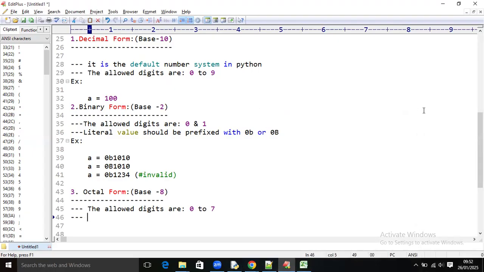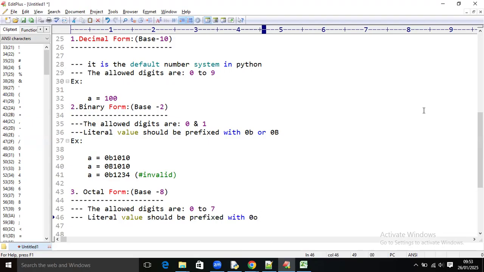And the literal value should be prefixed with 0o.